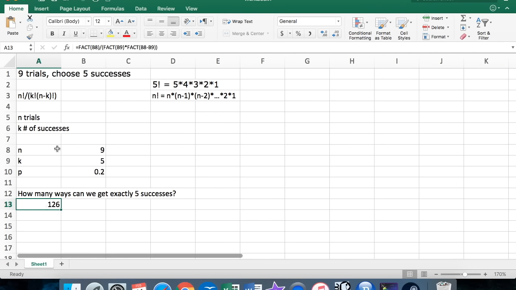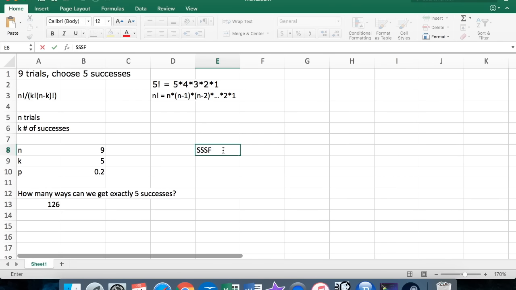So in these 9 trials, we have 126 ways to get exactly 5 successes. If you think about it, if we were making our sample space with 9 trials and wanted exactly 5 successes, one of the things in the sample space would look like success, success, success, failure, success, success, failure, and so on, all the way until you get 9 of them.